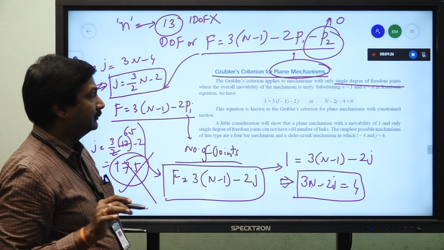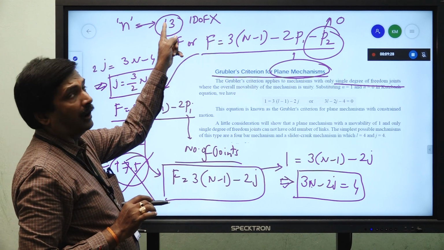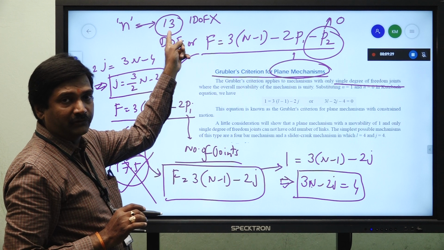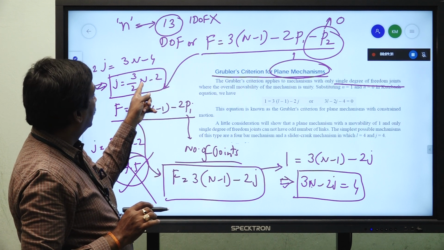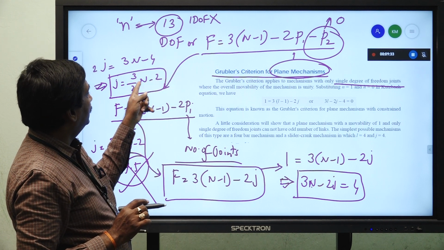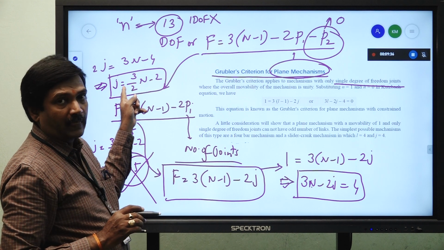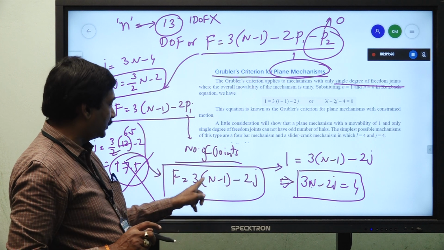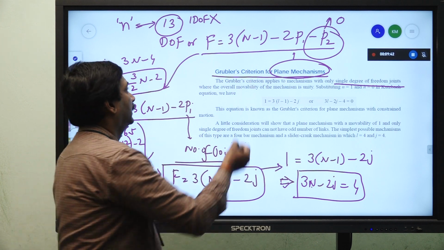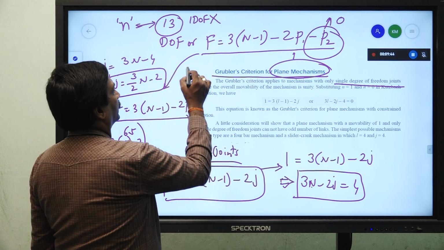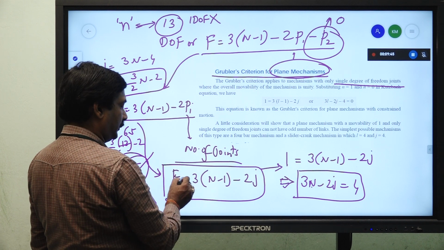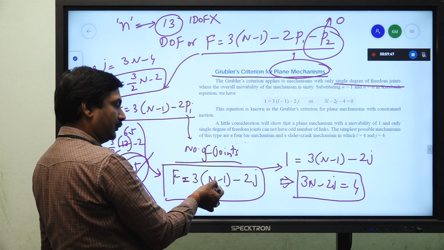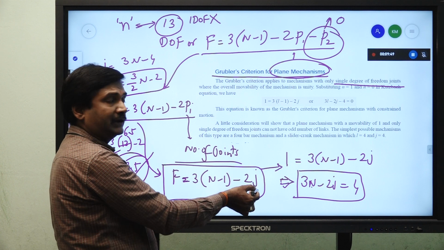That means for a given odd number of links, j = 3/2 n - 2 is valid for single degree of freedom only. Then we need to substitute in the general equation, so that F is an integer, n is an integer and j is an integer.